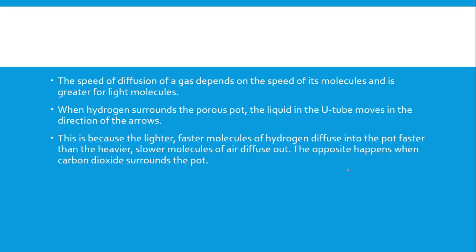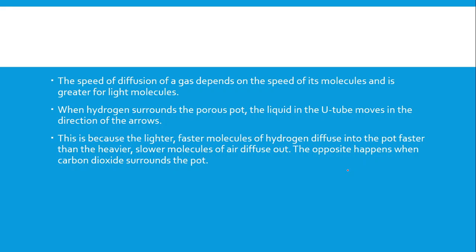Now these are some factors about diffusion: the speed of diffusion of gas molecules depends on the speed of its molecules, and it is greater for lighter molecules. So the speed of diffusion depends on how light and how fast the molecules are. When hydrogen surrounds the porous pot, the liquid in the U-tube moves in the direction of the arrows.